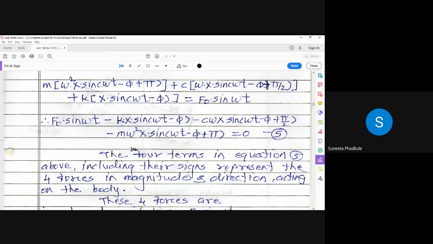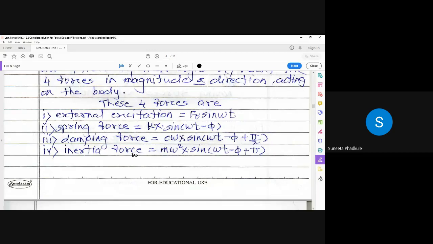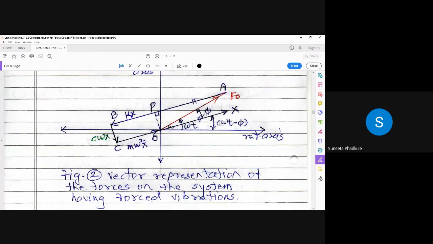Understood? In the force polygon, this is the positive direction of omega t minus phi, and this is the negative direction of omega t minus phi. So this is your Kx spring force. Magnitude is Kx. So you have to draw line AB parallel to OX, but in the opposite direction, because spring force is acting opposite to the displacement.